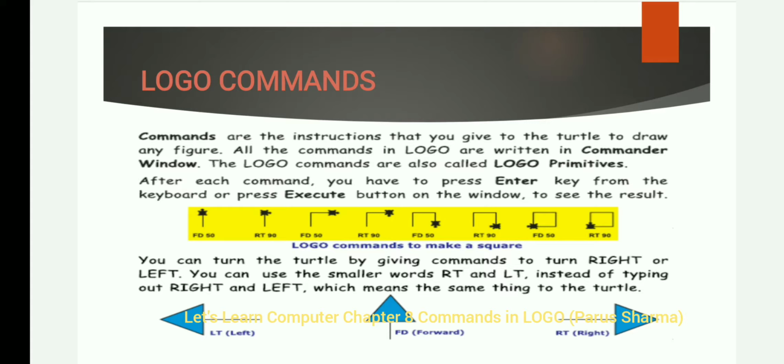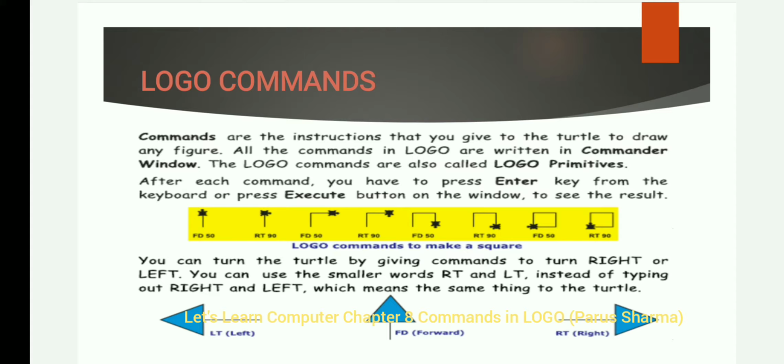Now, as you see in this picture, FD50 is written here, RT90, FD50, RT90. They are the commands. We write commands with the word and the number. If we want to move our turtle to the left side, we write left or the short form LT. And if we move the turtle to the right, we write RT or right command with the number of steps, like 90, 50 or whatever you want.